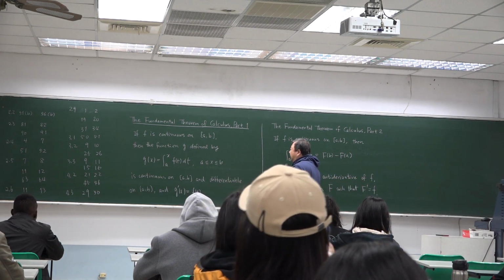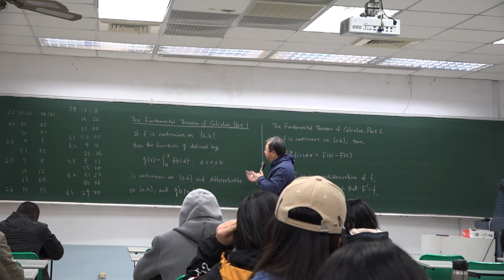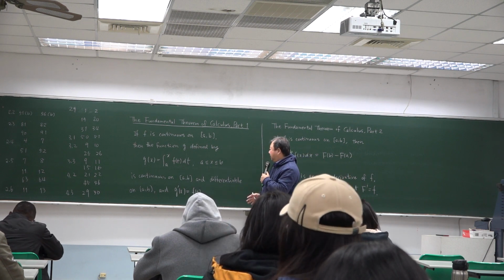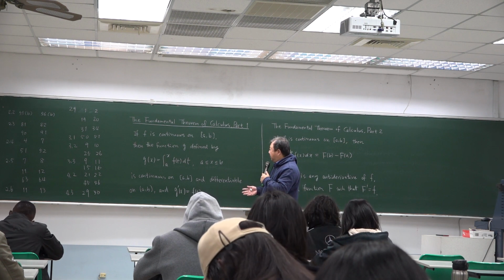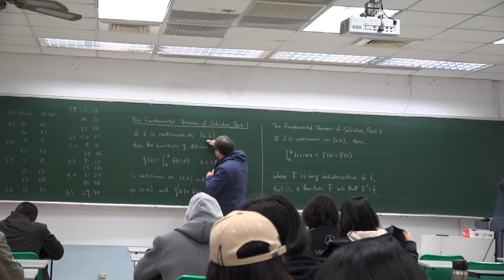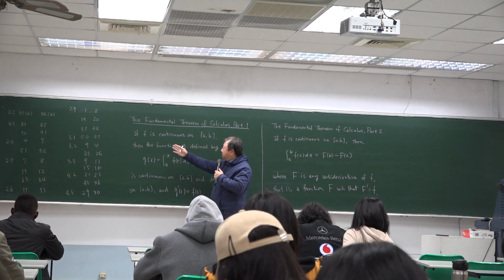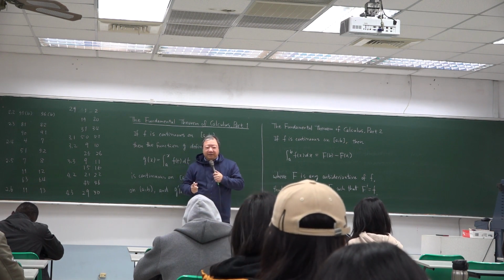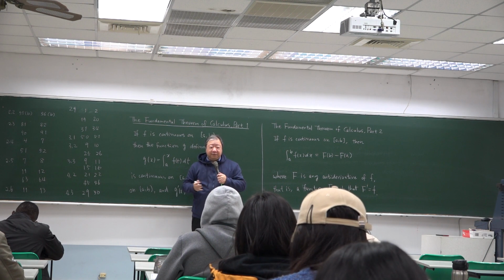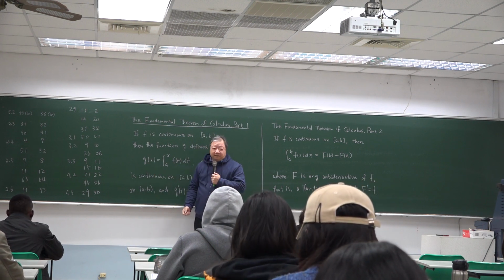Another meaning of this can be expressed this way: if f is continuous on this closed and bounded interval, then the lowercase f has an antiderivative, namely, in fact, g.